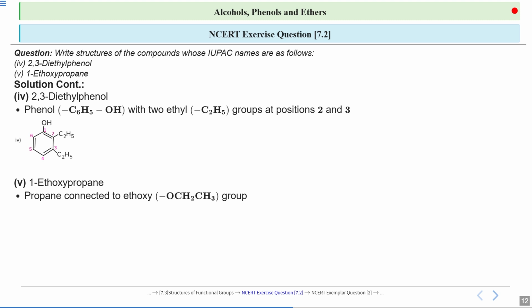If they are not the same, then the longer carbon alkyl group will be considered as the parent chain, and the other will be alkoxy. So ethoxy is your substituent at the first carbon of propane. You write the propane chain, and then at the first carbon add the ethoxy substituent. So this is the structure for 1-ethoxypropane.